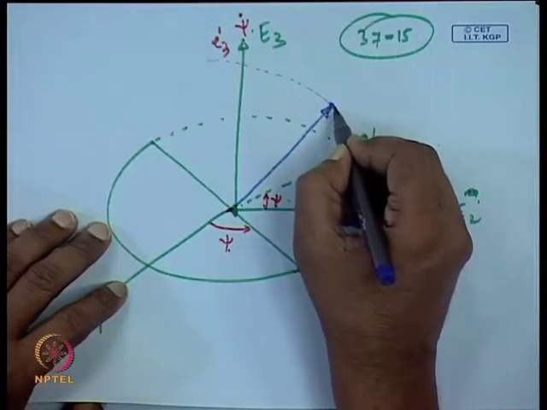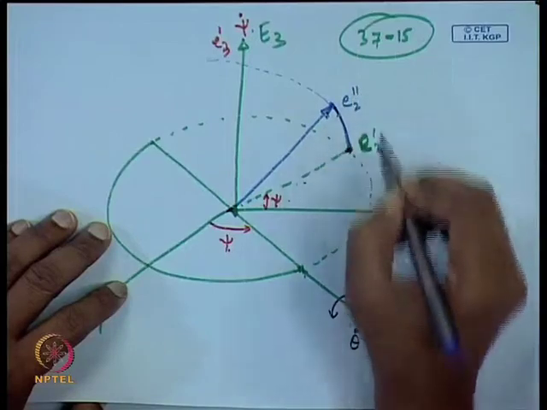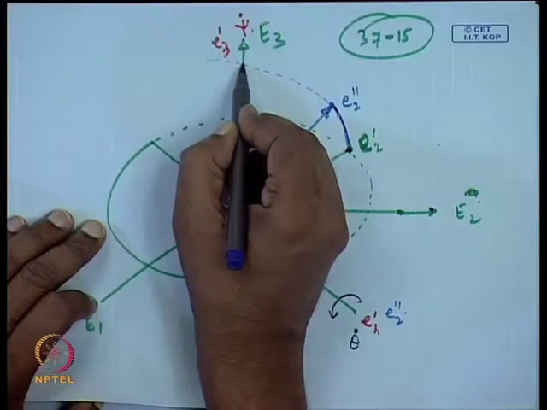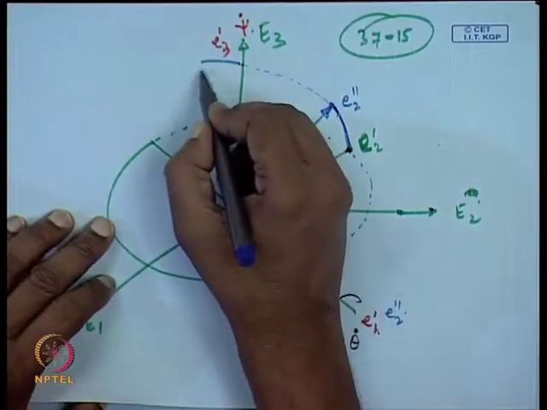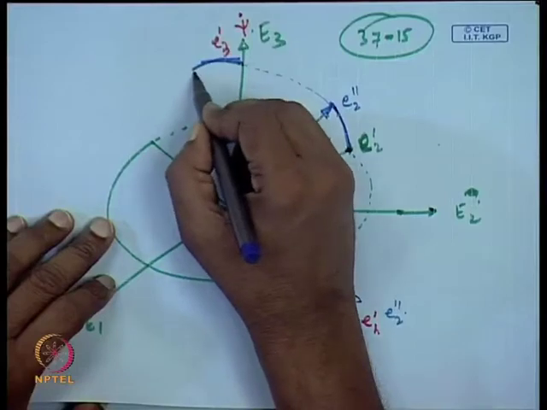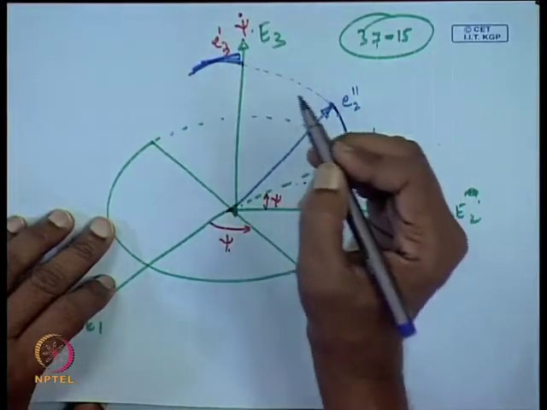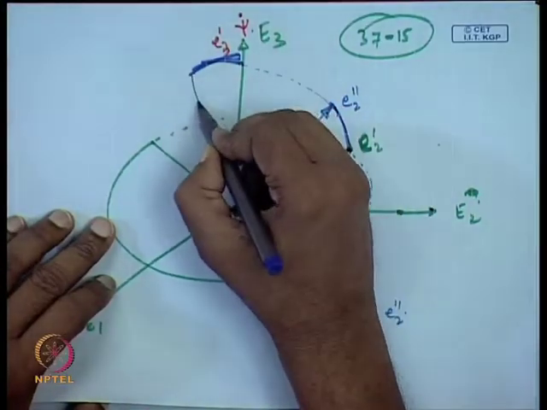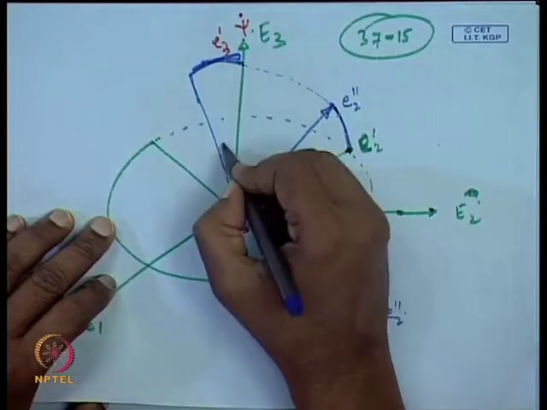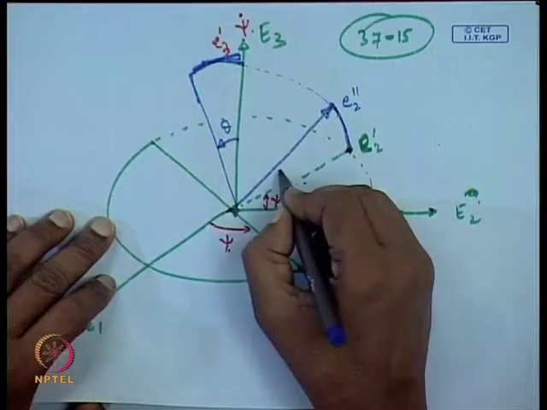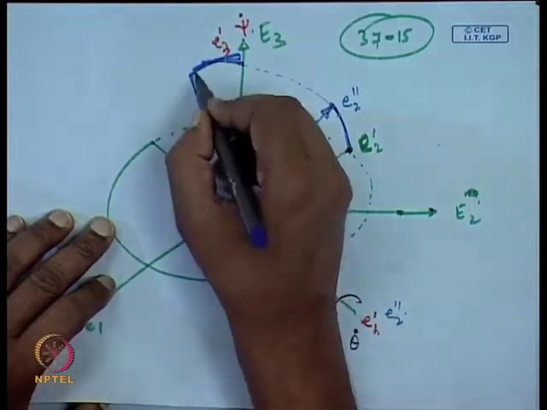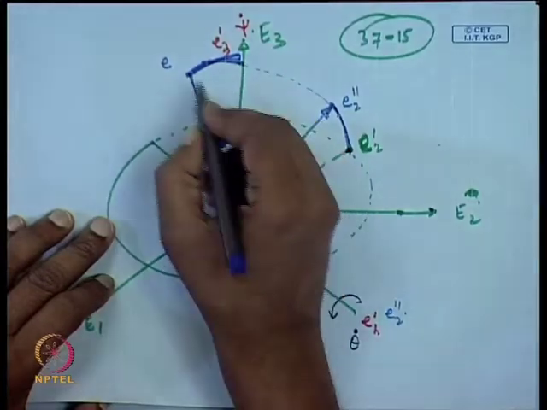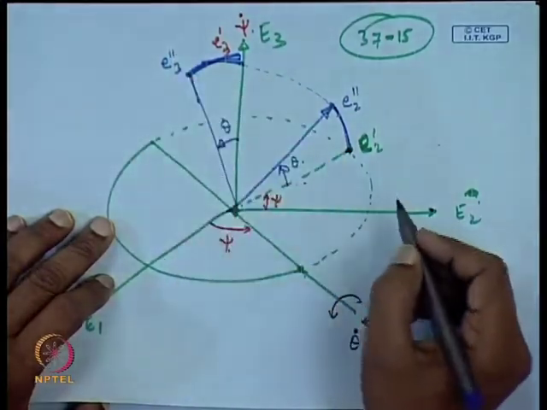It moves from here to here. Okay. So, this is your E2 double prime. E2 double prime is along this direction itself, okay. And this will move from this place to this place. Now, this is the angle theta, okay. And here we will write E3 double prime.